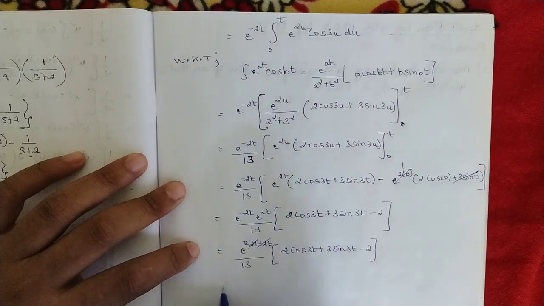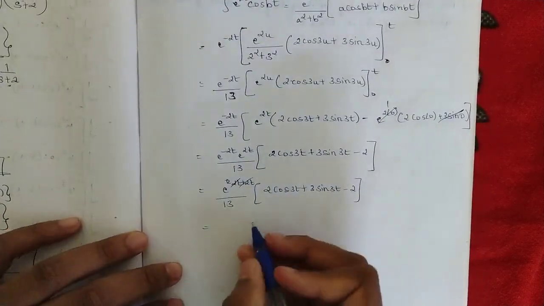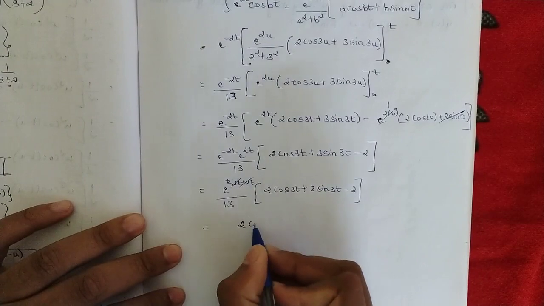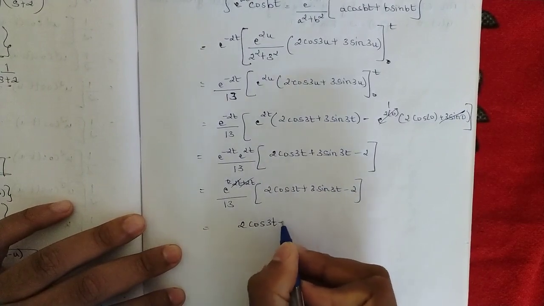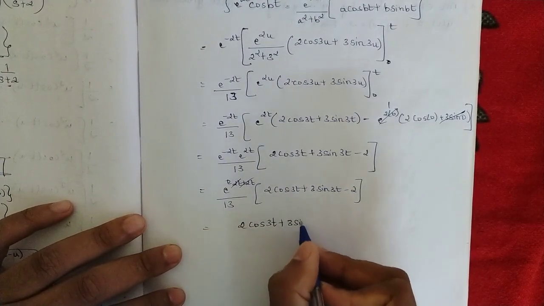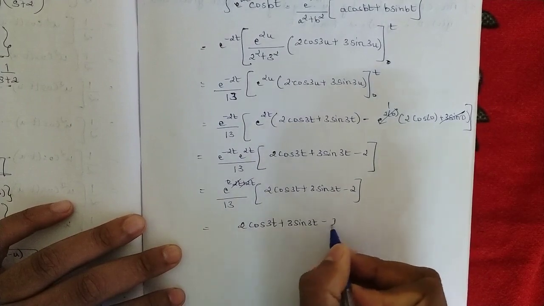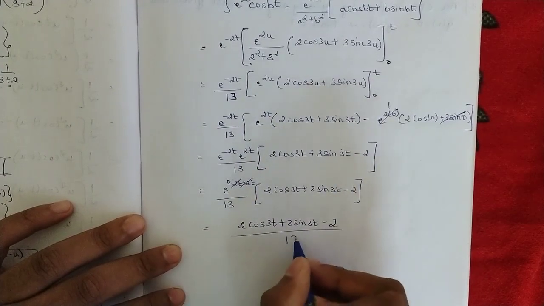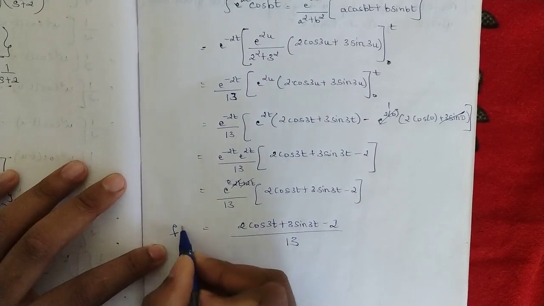So therefore what is e to the power 0? E to the power 0 is 1, therefore our answer is 2 cos 3t plus 3 sin 3t minus 2, the whole divided by 13. So this is our final value of f of t.